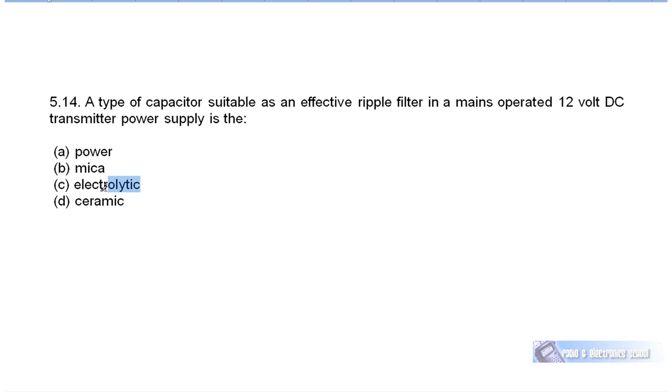Those big blue electrolytics that I showed you earlier on, the picture of them, they're the types of capacitor that would be used in a power supply to get rid of the ripple. The ripple is a variation in output voltage of the power supply, and remember the property of capacitance opposes change of voltage, so putting a big electrolytic capacitor there smooths out that ripple to pure DC. Capacitance opposes changes of voltage.